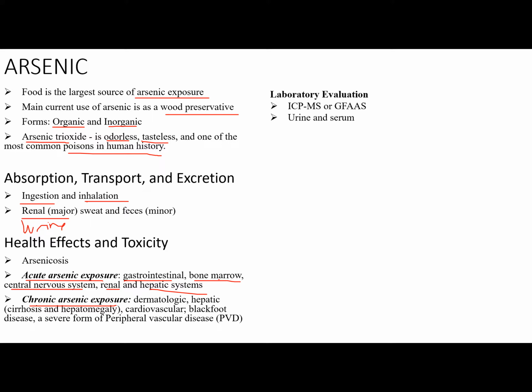While for the chronic arsenic exposure, you would have dermatologic, hepatic, cirrhosis and hepatomegaly, cardiovascular, Blackfoot disease, a severe form of peripheral vascular disease. Lab evaluation is by ICP-MS or GFAAS. Samples used are urine and serum.